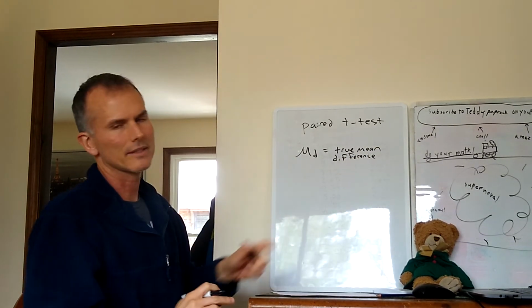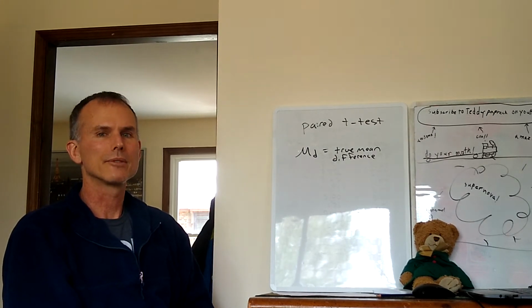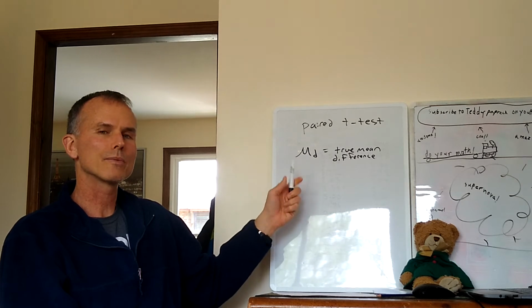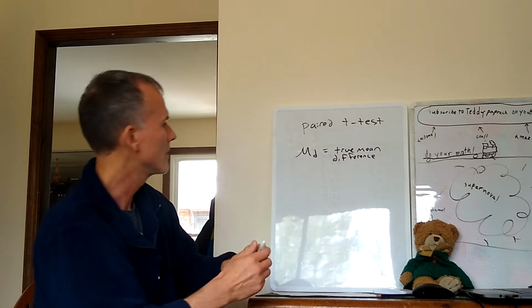Now, I have to specify something here. The way we calculate the difference, and it doesn't matter which way you do it, is we took the Superman rating minus the Avengers rating.